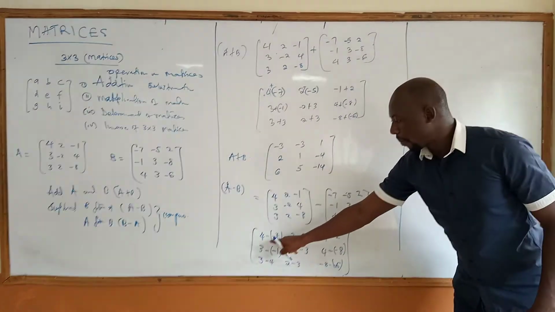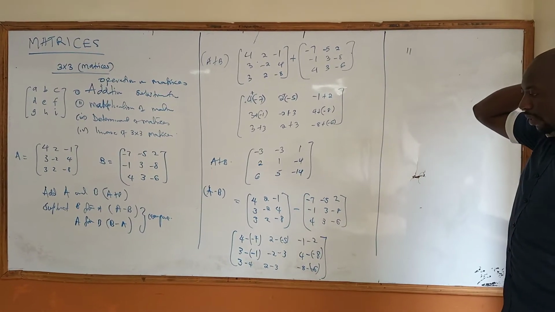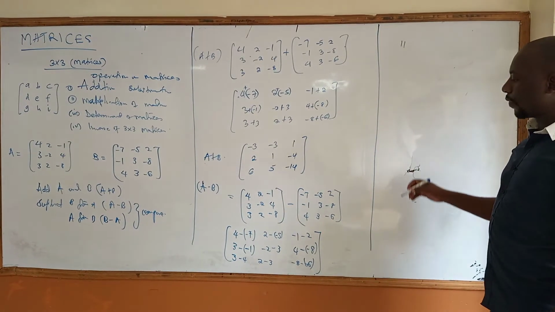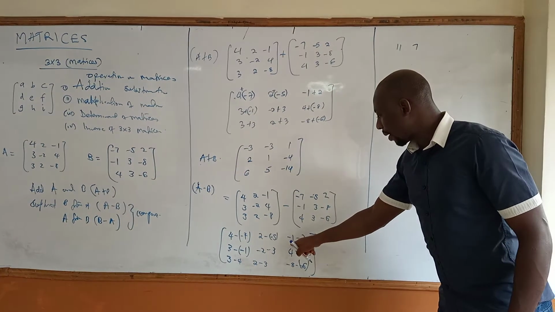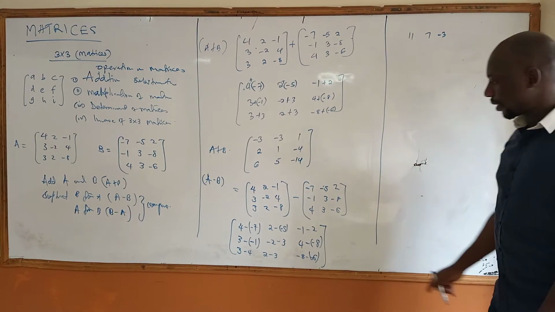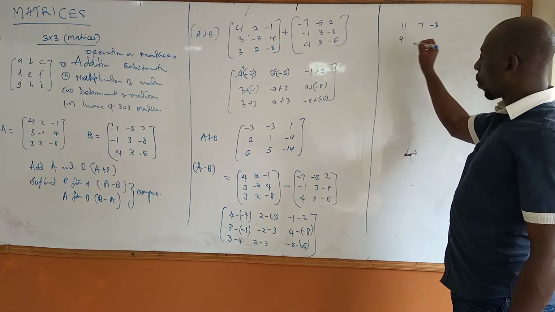So 4 minus negative 7 gives you 11, because a positive and a negative gives you positive. 2 minus negative 5 gives you 7. Negative 1 minus 2 gives you negative 3. Then the second row, that is 3 minus negative 1 gives you 4.